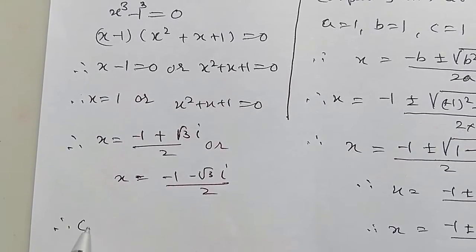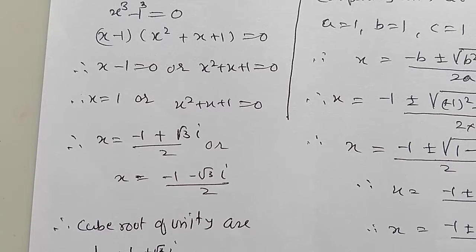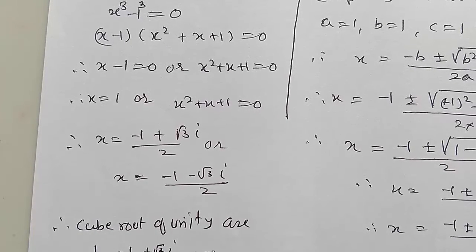Therefore, the cube roots of unity, unity means 1, are 1, minus 1 plus root 3 i upon 2, and minus 1 minus root 3 i upon 2.